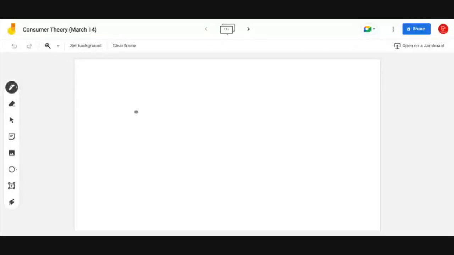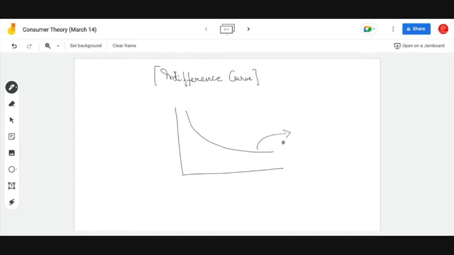So this screen is visible now. In yesterday's class, we discussed the indifference curve, right? We said that this indifference curve represents a particular utility function.